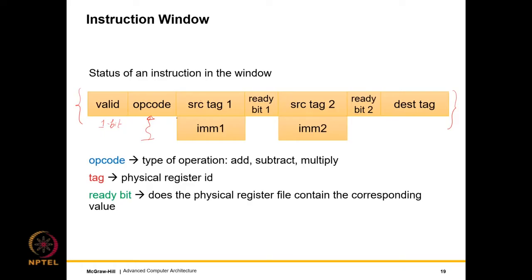Then we have information for each source operand. In our RISC instruction set, we have a maximum of 2 source operands. If it is an immediate, we store the immediate value here, because this comes along with the instruction and needs to be stored somewhere.